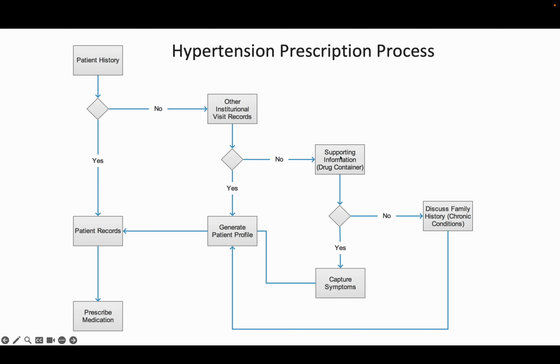Based on the drug they are taking and how they are feeling now, he could generate a profile. If that does not exist, then they would ask questions like, who else in your family has such an issue? Did your grandparents have this issue? Do your siblings have this issue? All that information is used to generate a profile and bring patient records. So patient records are very important in terms of medication prescription and treating chronic illnesses.